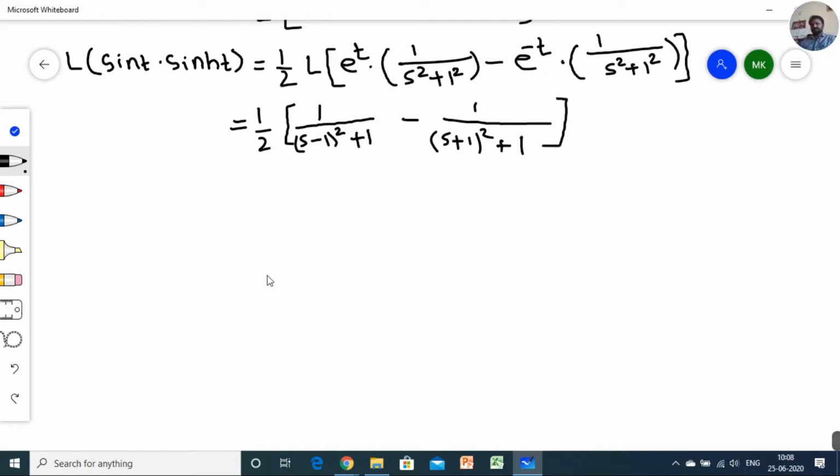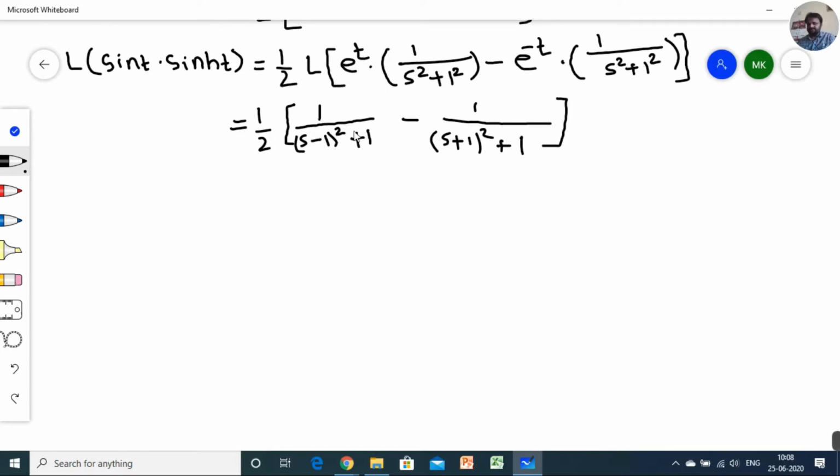Now we used here the first shifting theorem concept only. While using the first shifting theorem we applied e raised to t, here it is plus 1, so that's why we wrote s minus 1 the whole square. Similarly here e raised to minus t, so minus 1 is there, so we wrote s plus 1 the whole square plus 1. So this is our Laplace of sin t into sin hyperbolic t.